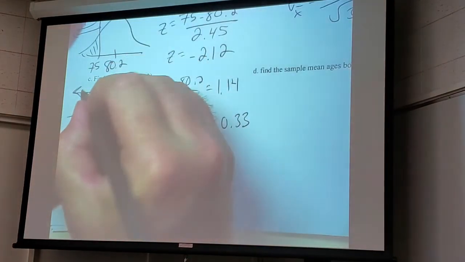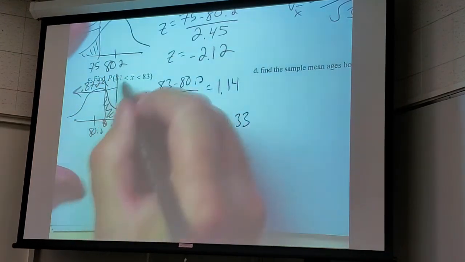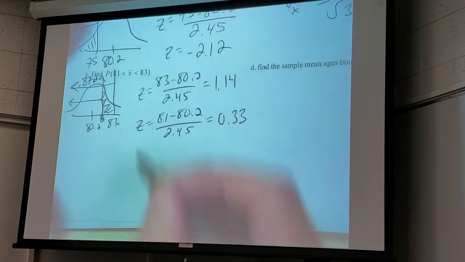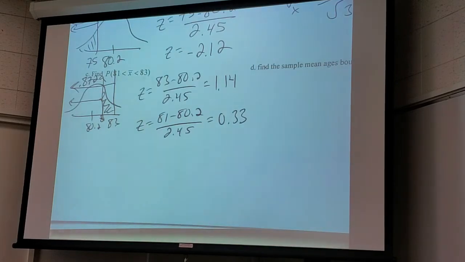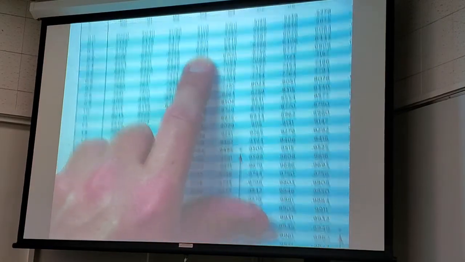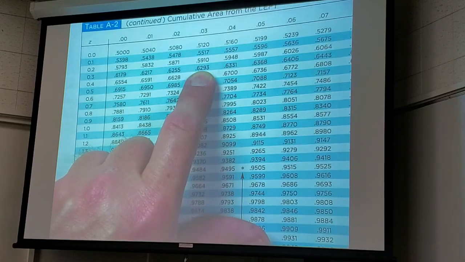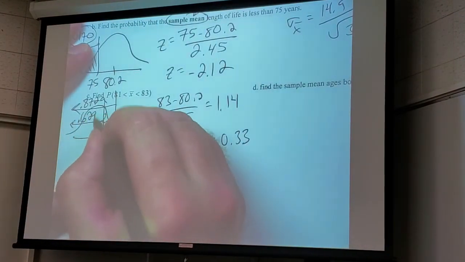So it's got 87.29% below it. That's way too much. I want it to stop here. So what's below here? If I look up 0.33, 6293, right? So that's here. So now I can figure out what's between there.